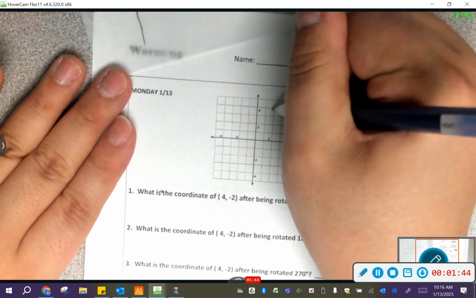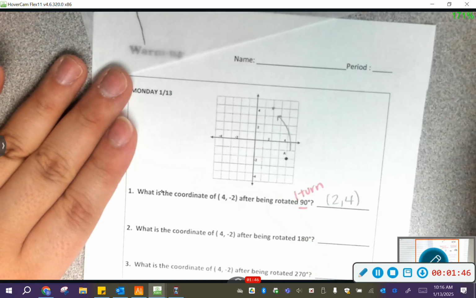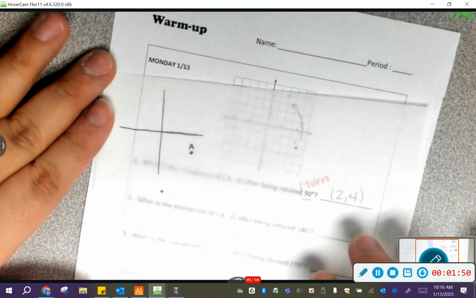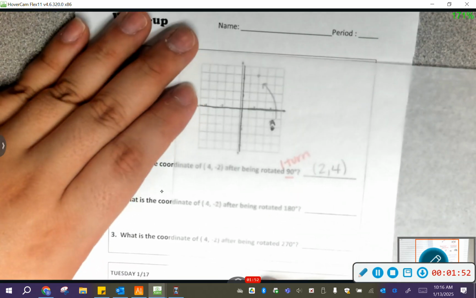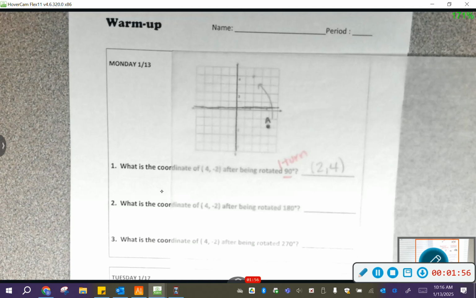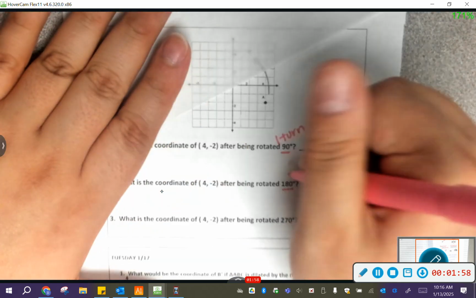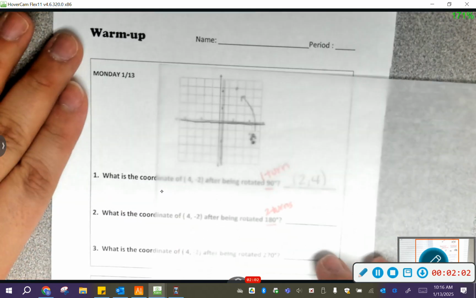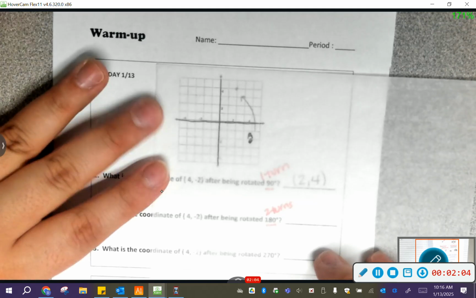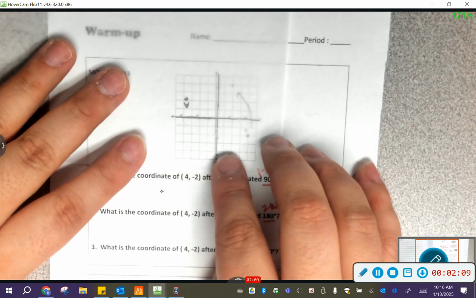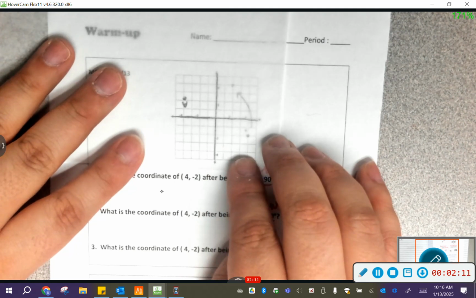And do you agree that that's one turn? Go back to your original. How am I going to do 180 degrees? What do we know about 180 degrees? It is two turns. So I'm going to go back to my original. I'm going to turn once, twice. What happens whenever you turn 180 degrees?